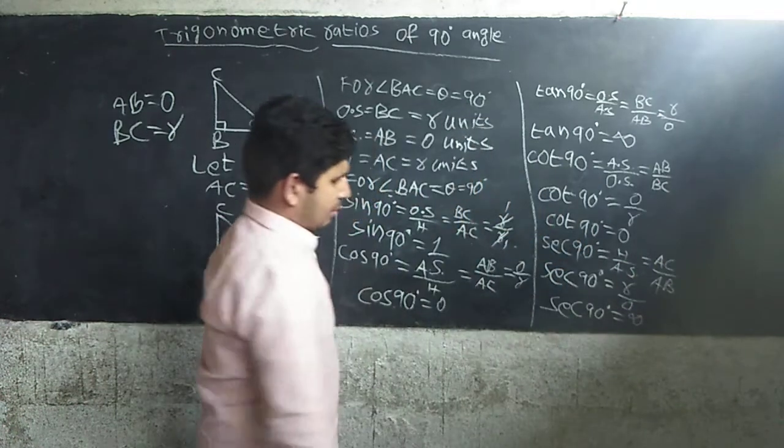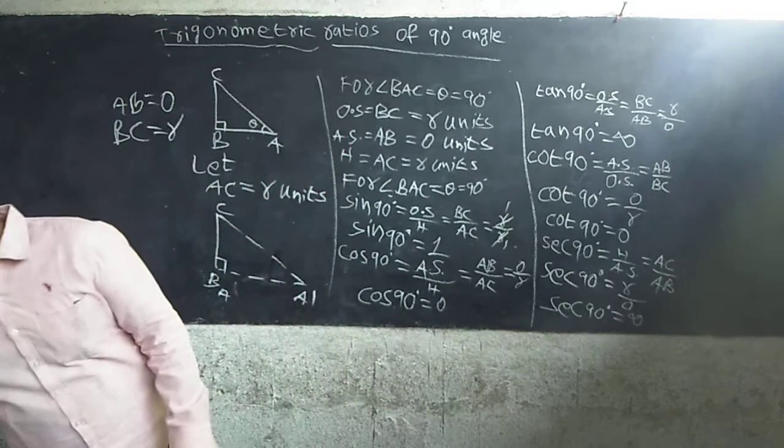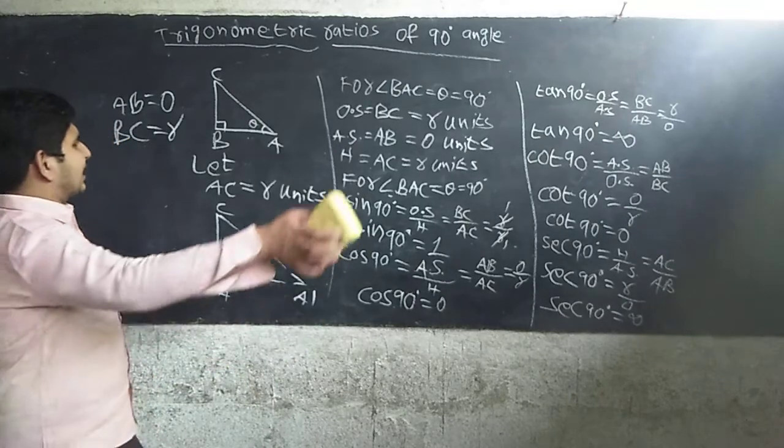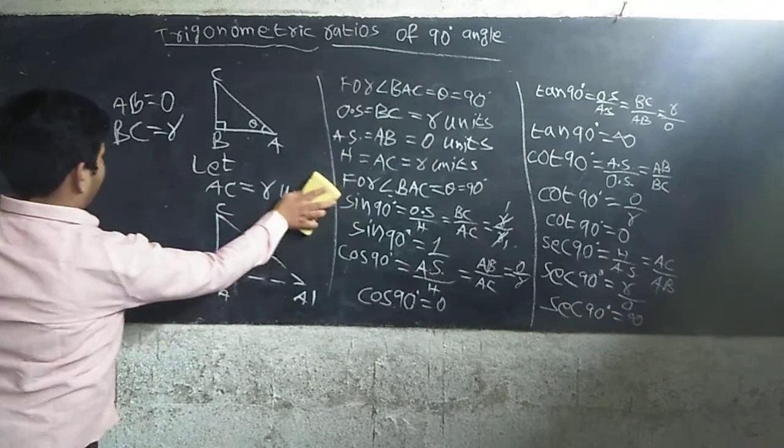Now the final trigonometric ratio, that is cosec 90 degrees.